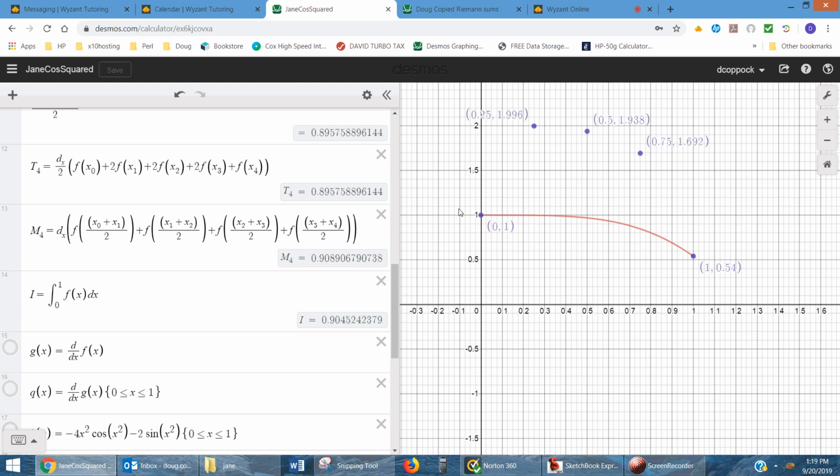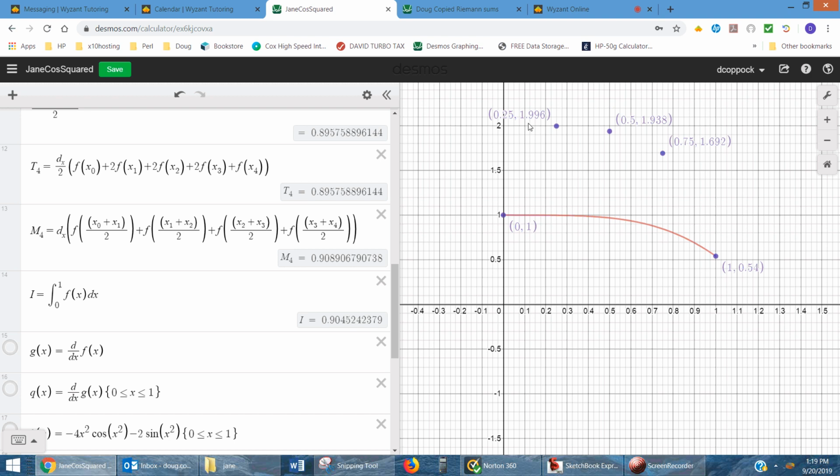And I plotted these points, x sub 0, f of x sub 0, so that you can check the values that you get when you employ the trapezoidal rule. So, for example, f of x sub 1 doubled is 1.996. So that'll help you confirm what you kind of did wrong when you got that 0.79 answer.